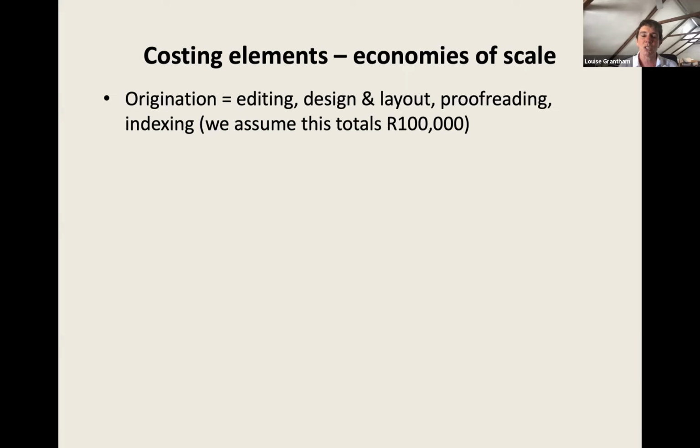So these are not including print, but they're editing, design, layout, proofreading, indexing, all of those things that get the manuscript to a point where we are ready to print the book. And as I said, that can be a very variable set of activities. Monica alluded to the complexities and the many people involved. So for our calculation, we're going to assume that that origination of the book costs 100,000 Rand.